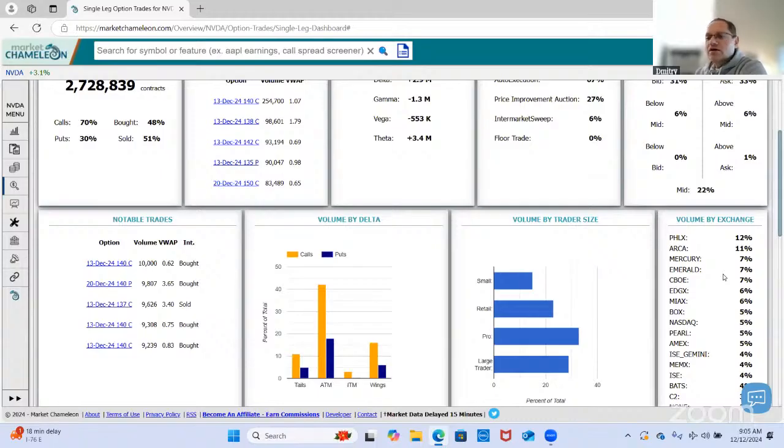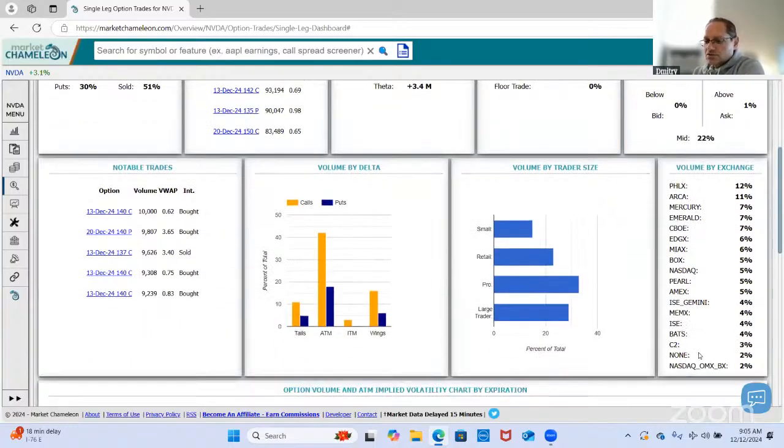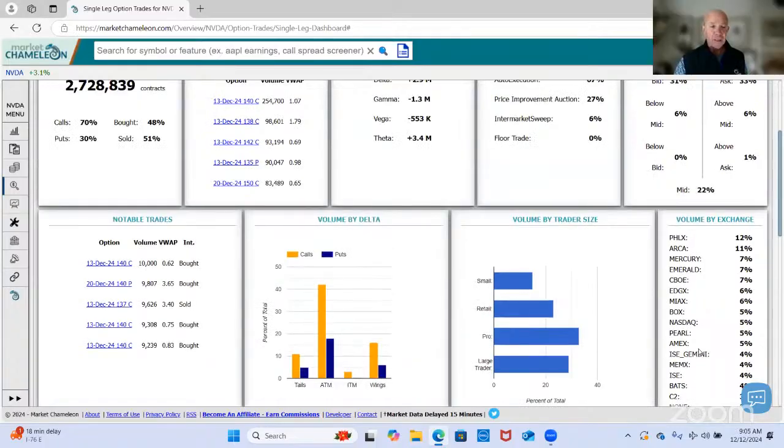this shows us a breakdown of the volume based on the options exchanges. So there are a lot of option exchanges, as you could see here. We've got Philex, Arca, Mercury, all the way down to here. I think Jeff said there are 18 of them now, right? Yeah, like 16, 18. There are a lot of options exchanges, a very fragmented market, and you could trade anywhere.